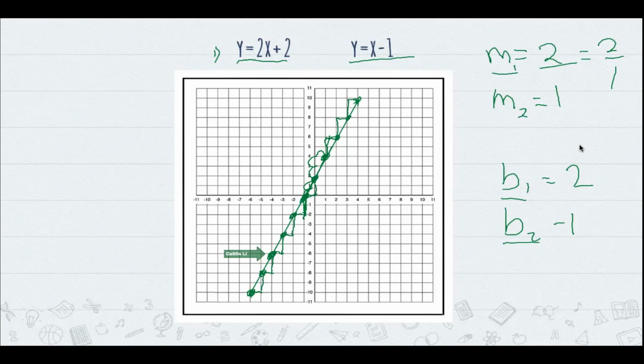Now we're going to go on to our second equation, like we did for the first one. We're going to turn this into our fraction, and we're going to graph our y-intercept, which is -1. Our slope is 1 over 1.